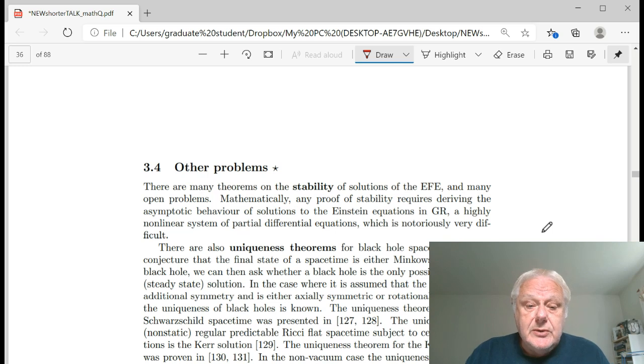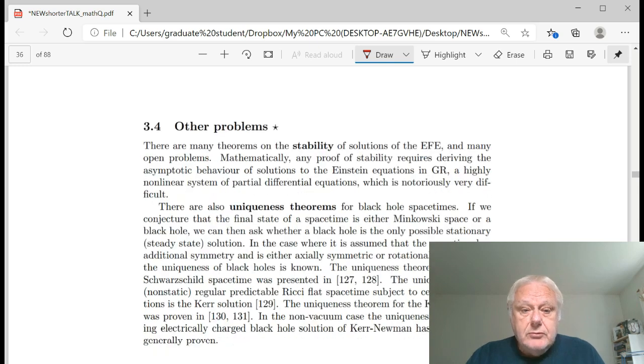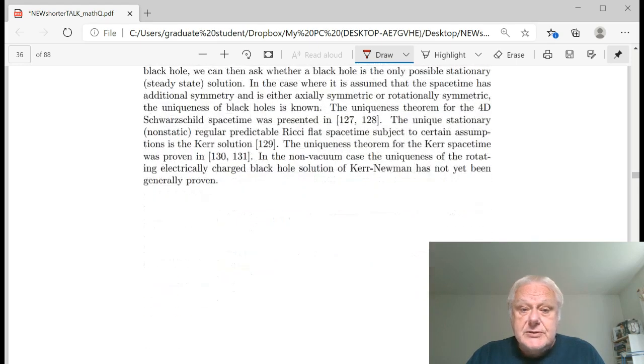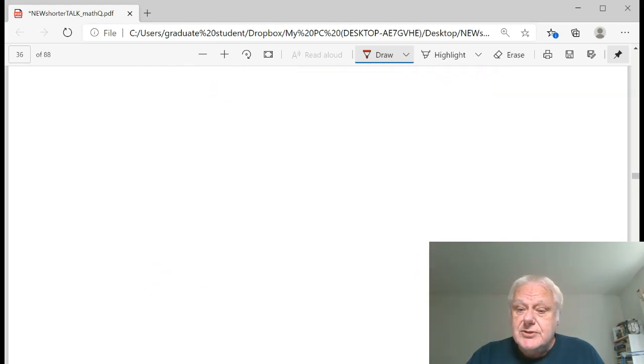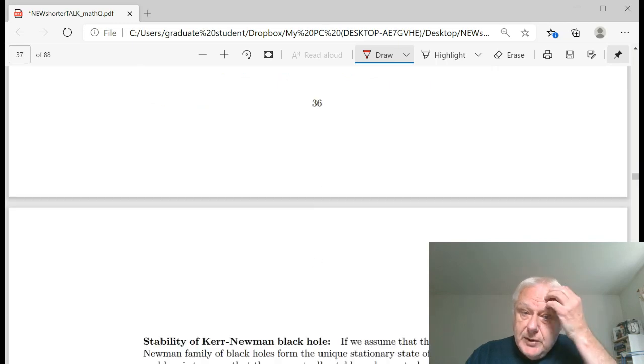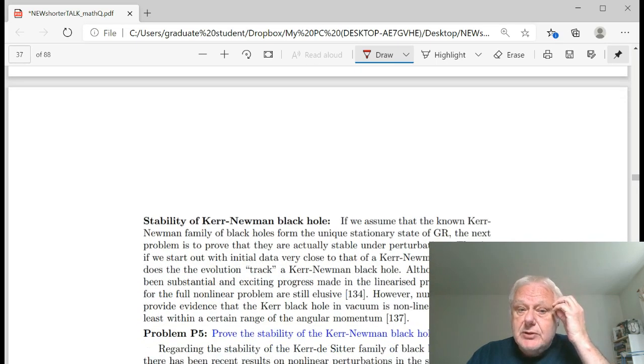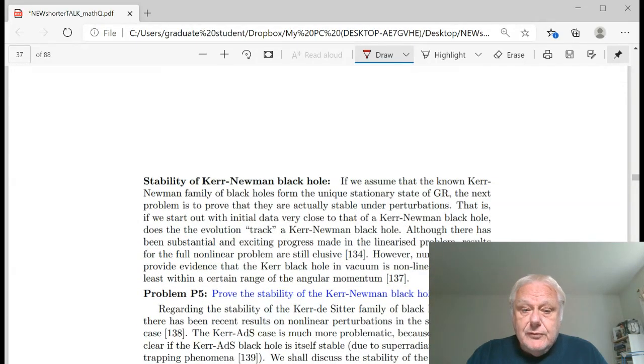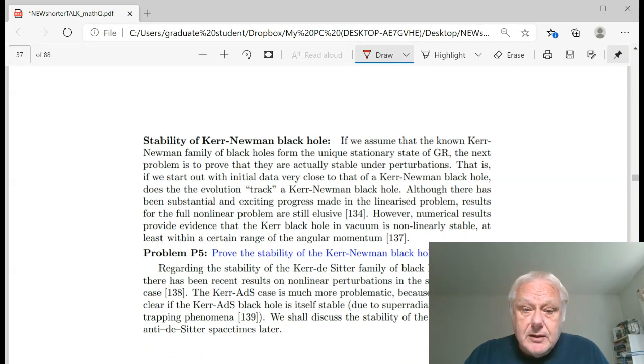Given a certain situation, is the only solution a black hole, and is the solution, if it is a black hole, one of the classical black hole solutions like Schwarzschild or Kerr? So stability and uniqueness, of course, within the theory of differential equations, since we have a well-posed problem, these are questions that we can ask. Unfortunately, they're very difficult to answer.